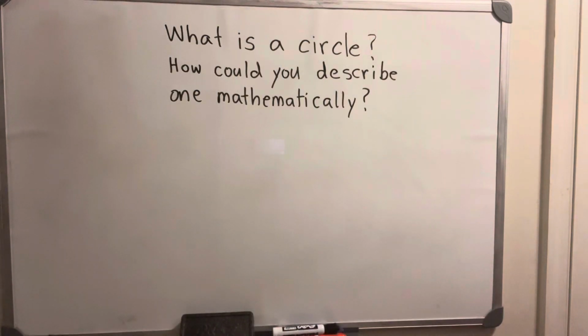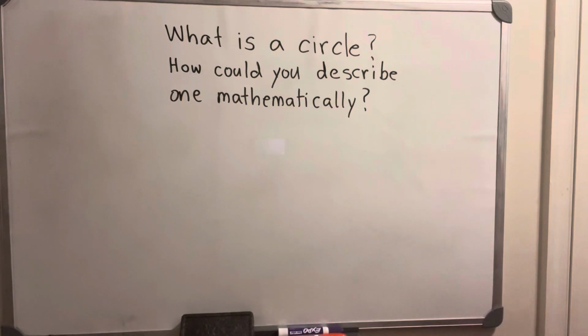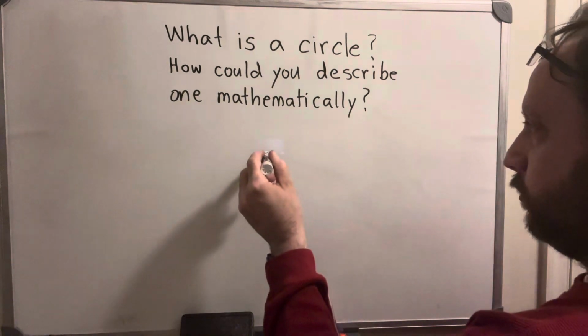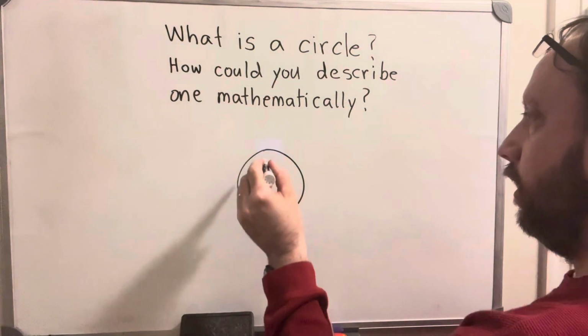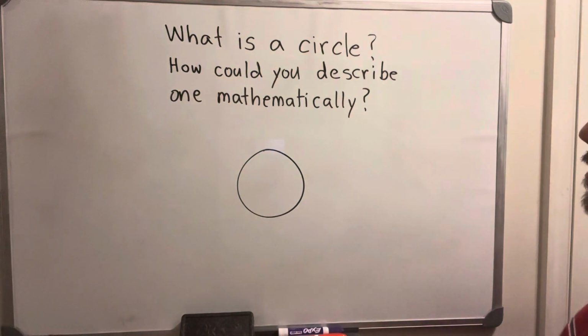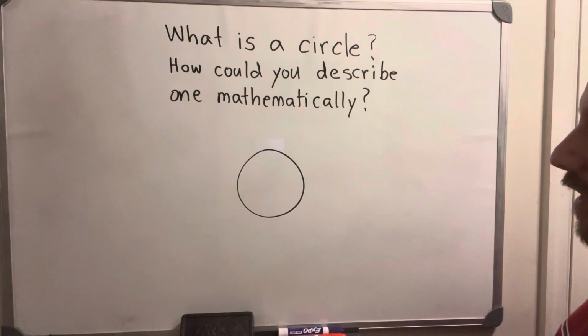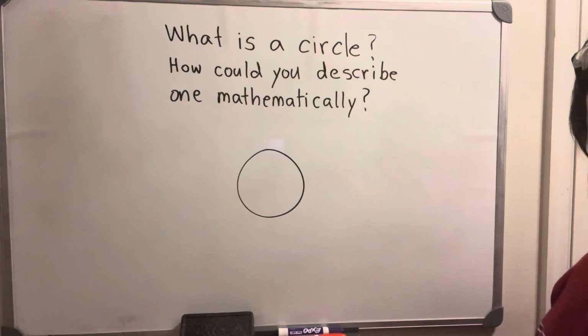So let's step back and ask, what is a circle? Or how could you describe one mathematically? Well, you know what circles look like. We could draw one right here. So here's a circle. How do we describe it mathematically? Well, if we don't have any intuition on where to start, sometimes you read the problem again.